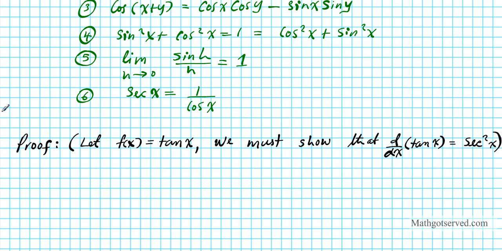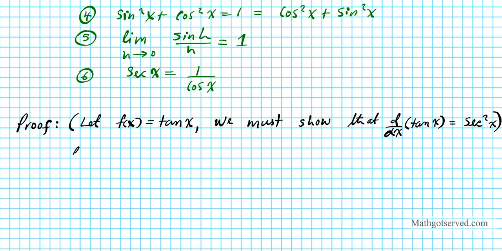So we start with the function f of x equals tan x. If f of x is tan x, what is f of x plus h? It simply means our input changes from x to x plus h, so f of x plus h is tan of x plus h.